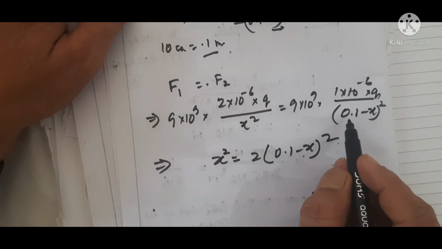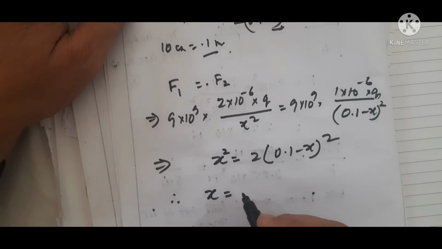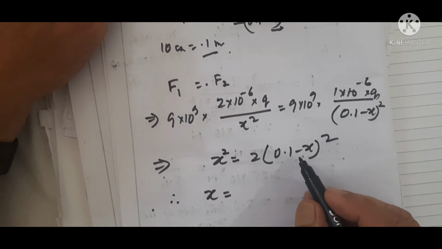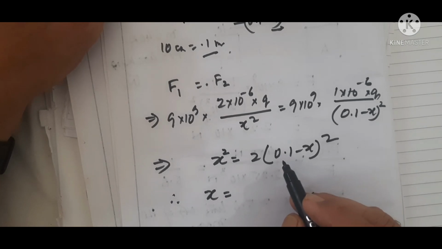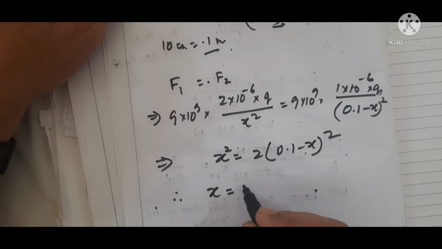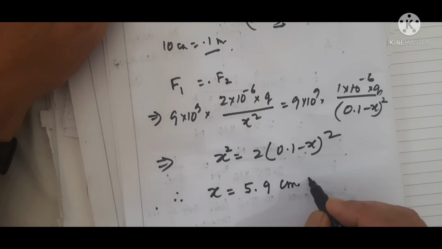So you can find out the value of x. If you open this bracket, that is your a square minus b square, में इसको ब्रेक करेंगे तो ultimately x will be 5.9 centimeter.